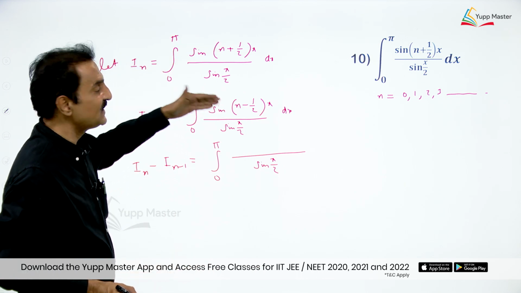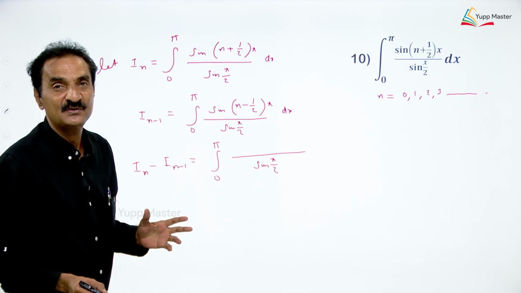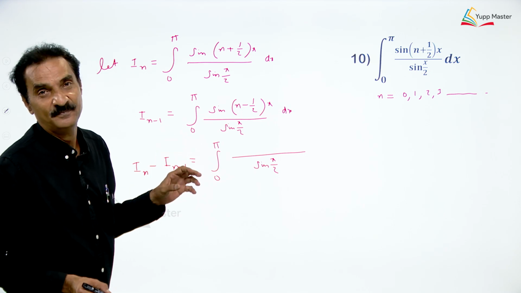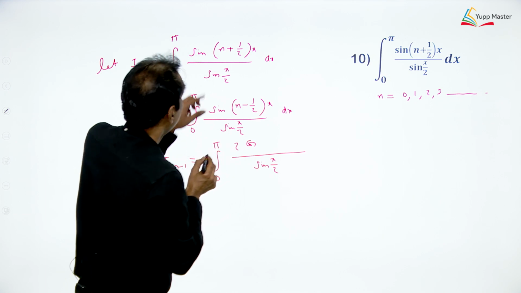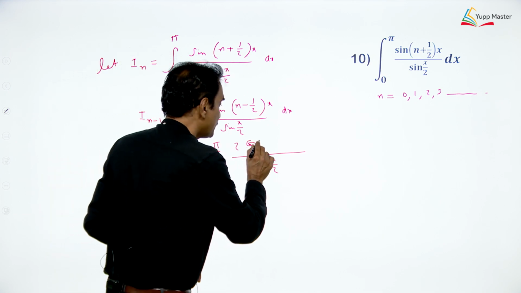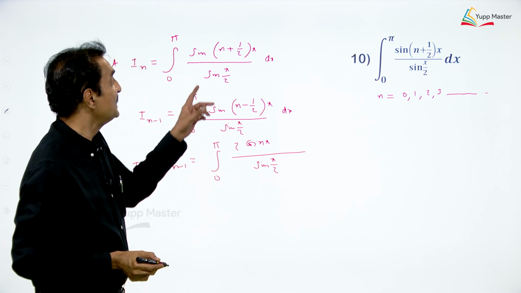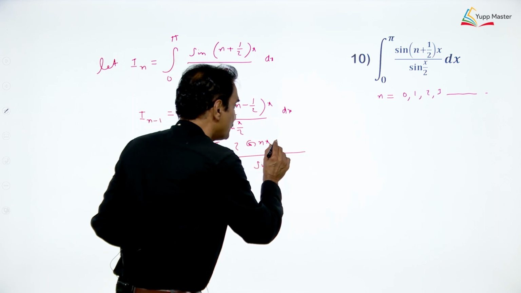Sin a plus b minus sin a minus b. Sin a plus b minus sin a minus b is 2 cos a sin b. 2 cos a means nx, sin b means sin of x by 2.